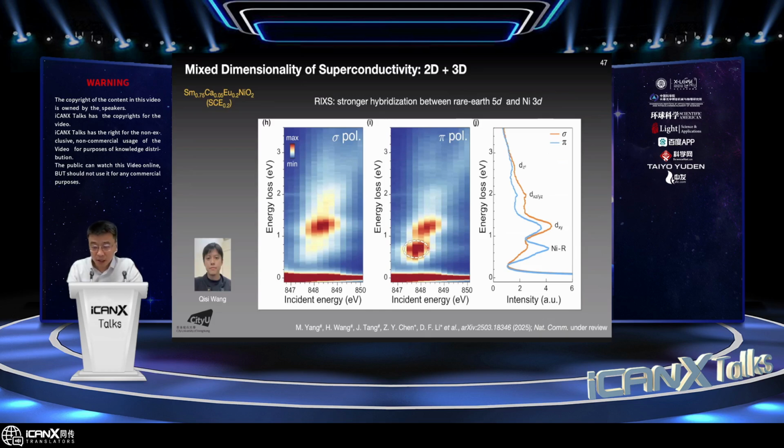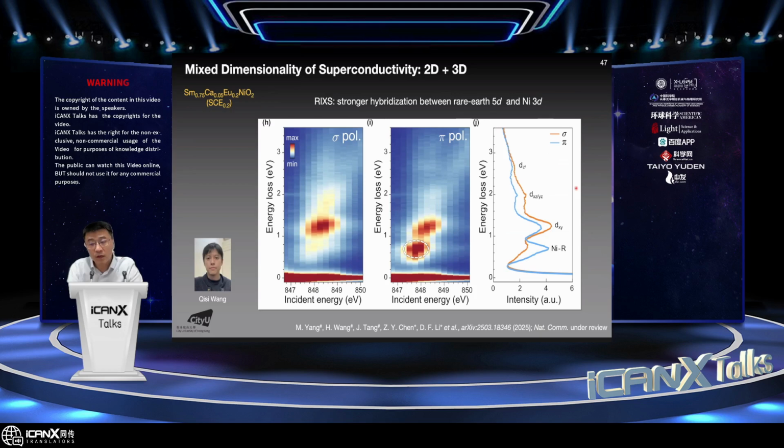This is a piece of evidence to show that because of the lattice strain, the hybridization or crosstalk between the rare earth elements, which sit in between the nickel oxygen planes, is more dramatic or severe. So this can be taken as indirect evidence to probe the dimensionality of the system, alongside the transport measurements that I just showed.